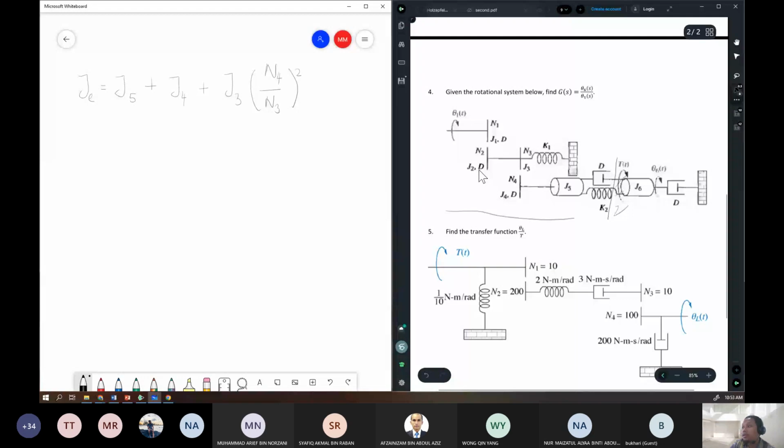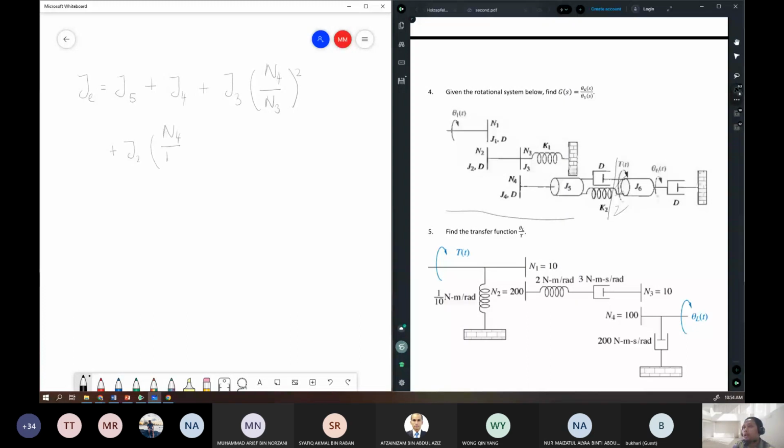But to transfer to J5, you have to multiply the gear ratio N4 over N3, not N4 over N2, because N2 is not connected with N4, but N4 is connected with N3. So plus J2 times (N4 over N3) squared.